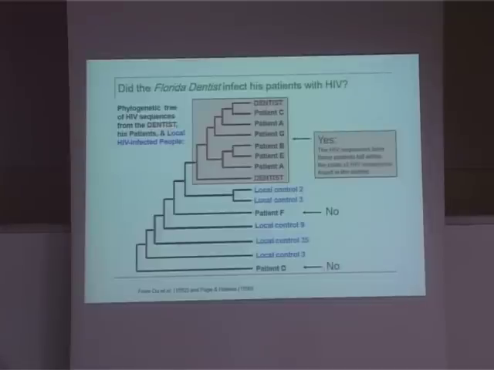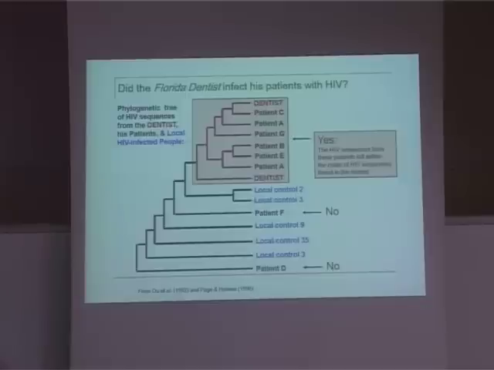To find that out, they had certain local controls, meaning people who have HIV but are not patients of this dentist. They also got blood samples from the dentist, and when they build the phylogenetic tree of the HIV strains from the blood samples of these local HIV infected people and dentist patients, we see that dentist patients are grouped together here. So they are different from the local controls.